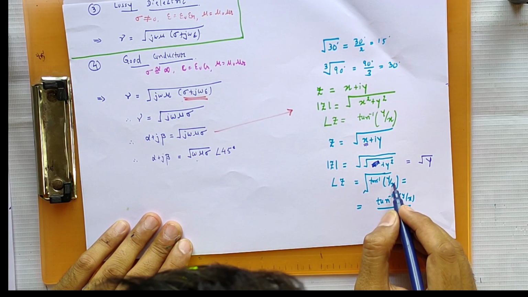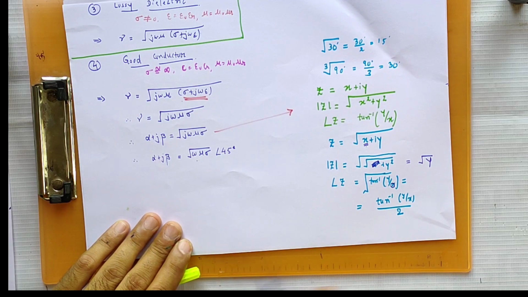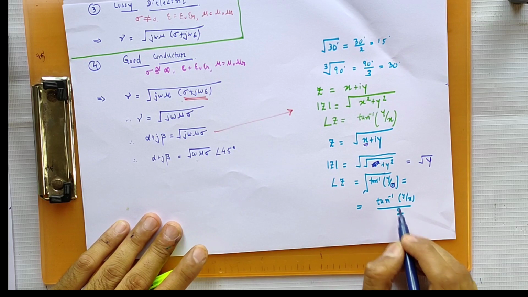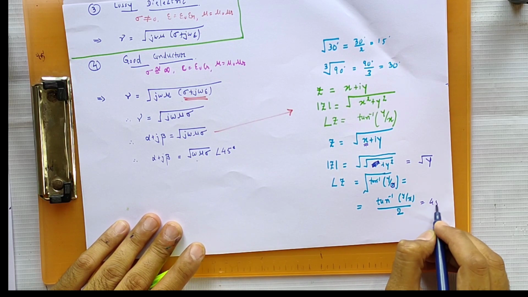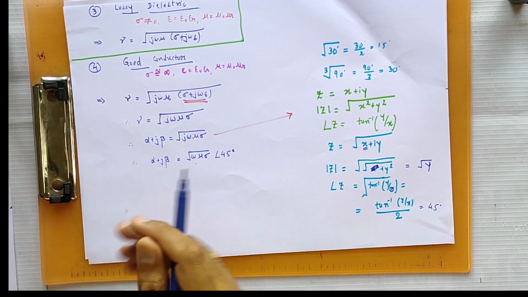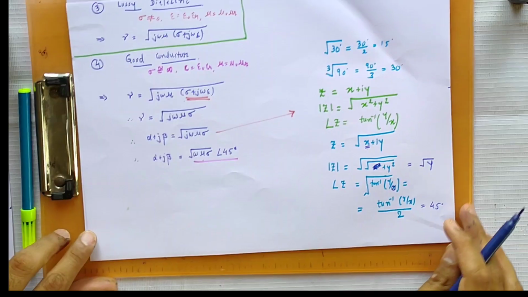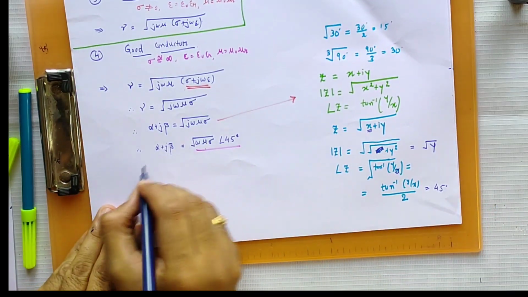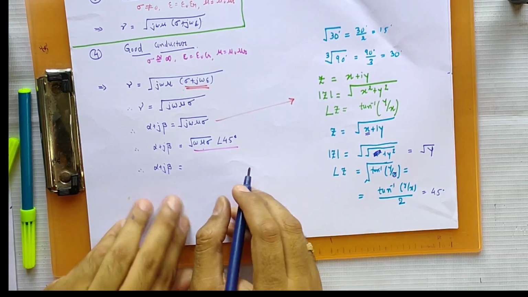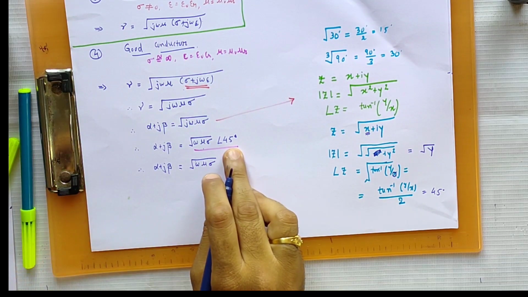Here x is 0, so y by 0 is infinity, tan inverse infinity is 90 degree, divided by 2, so it is 45 degree. That is why I have to write omega mu sigma with angle 45 degree. Clear? So alpha plus j beta is equal to under root omega mu sigma angle 45 degree.